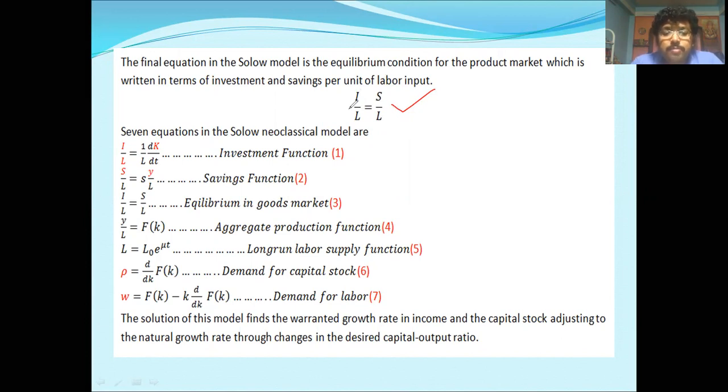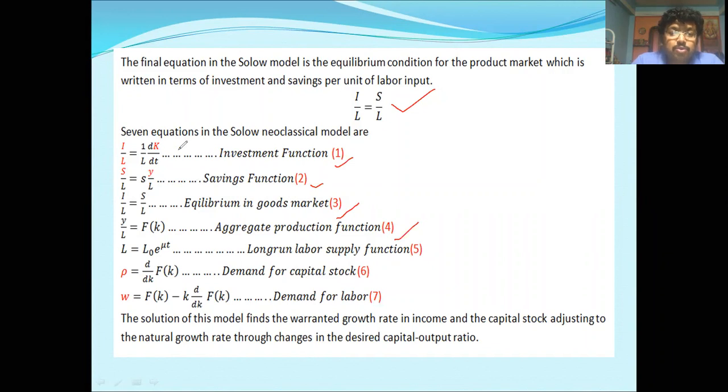You should remember that there are 7 equations in the Solow model. One is the investment function, another is the saving function, and the third one is the equilibrium in the goods market, and the aggregate production function is the fourth one, and the long run labor supply function, demand for capital stock, sixth equation, and demand for labor.